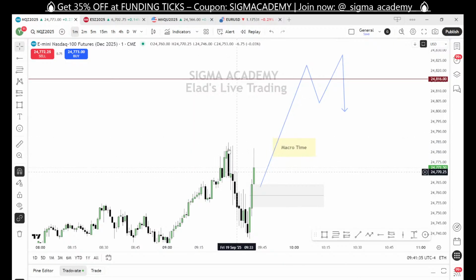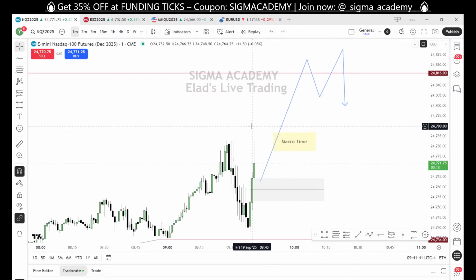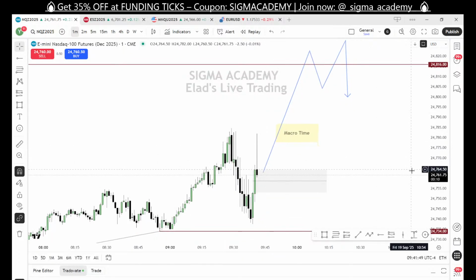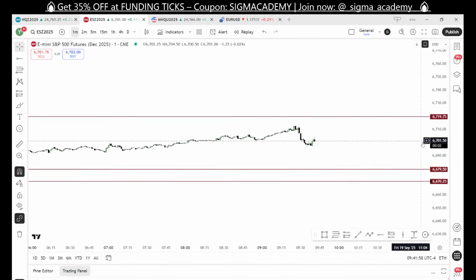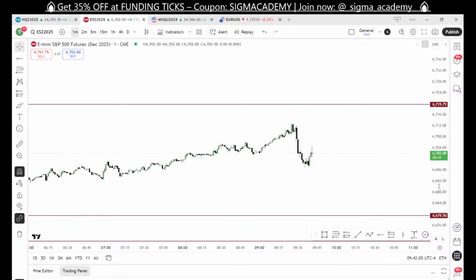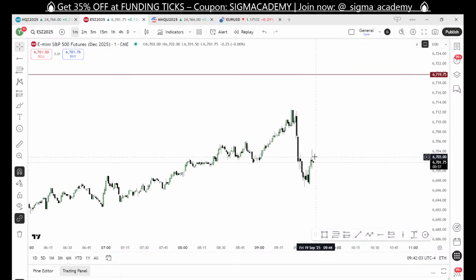You see how this short position is losing right now? On the ES, it's much more dramatic, by the way. We tapped into this fair value gap.